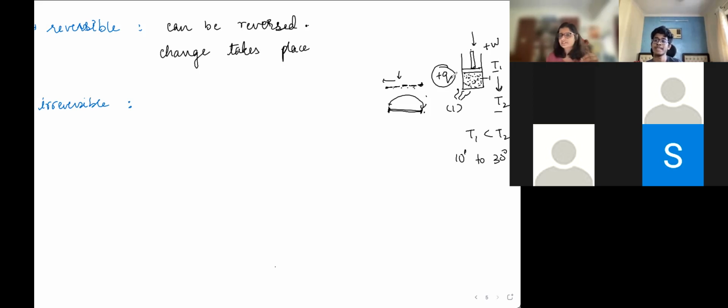I can reverse it just as easily because with every little change in the pressure, my temperature is changing accordingly. Is that clearer?